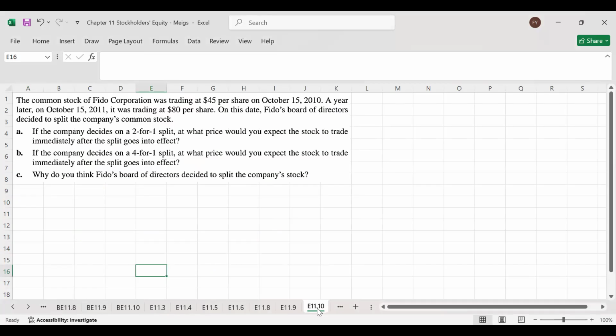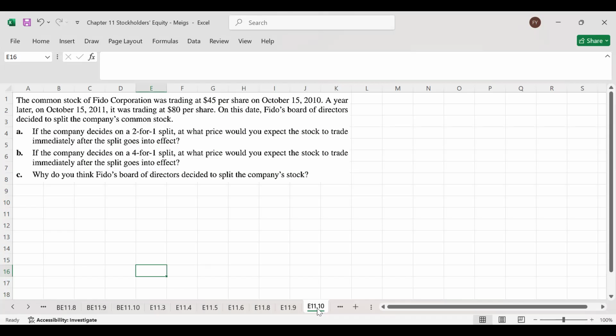A year later, on October 15, 2011, just after 1 year, it was trading at $80 per share in the markets. So $80 is the share price.